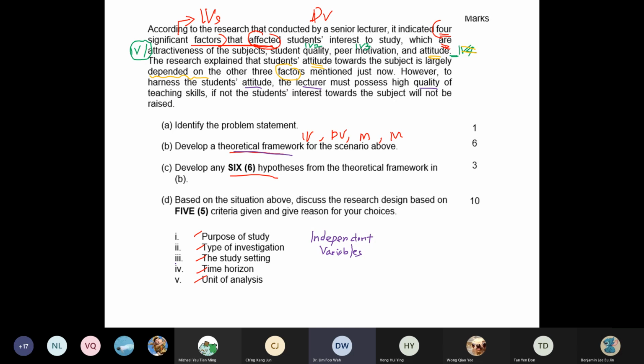We have the mediating variable. Usually no S, we have only one mediating variable. Then the dependent variable.